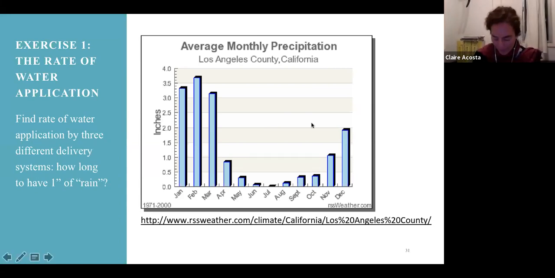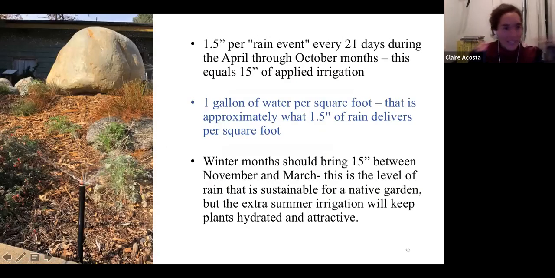I'm just going to bring up this next slide because I would love to have a chalkboard right now. Essentially, with drips, you're looking at the little emitter's rate, and that's usually on the tape itself or on the emitter itself. Sometimes they're color coordinated for their different gallons per hour, but drip is indicated by gallons per hour.